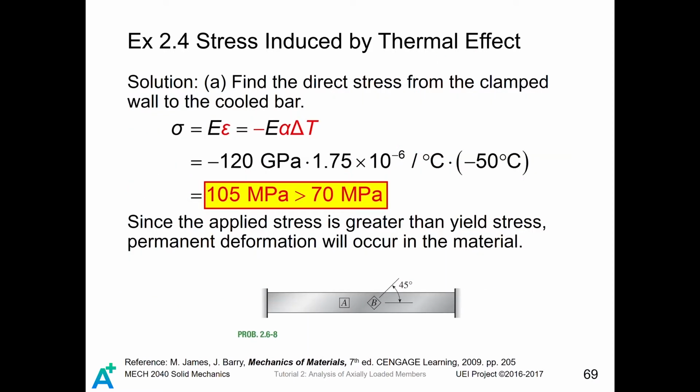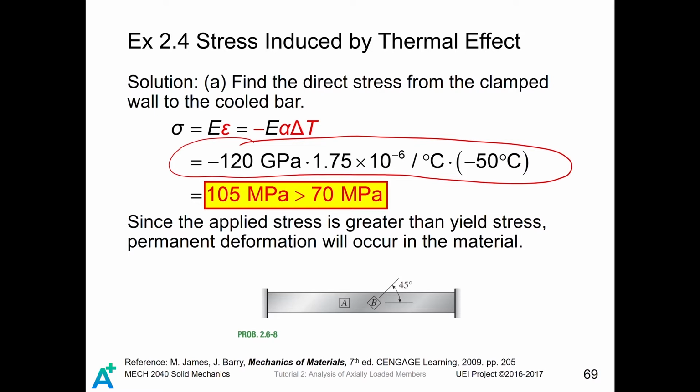For part A, we apply the thermal expansion and contraction formula. Epsilon equals minus alpha delta T, and we put it into sigma equals E epsilon, and then we substitute the values into it. Finally, we get that at a drop of 50 degrees temperature, the tensile stress in the material will become 105 megapascals, which is much larger than the yield stress of the material.